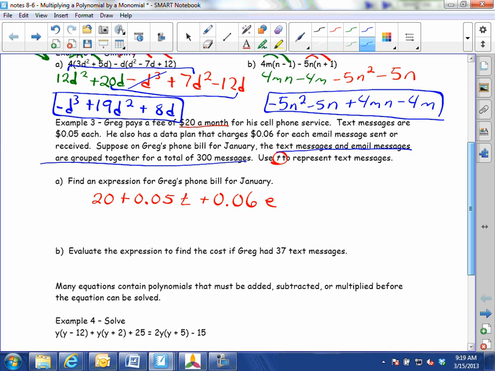Okay, well, let's see. We could write off to the side that we know 300 is equal to text messages plus email, right? How would I write this? How can I get email by itself? 300 minus the text message gives us the email, right?